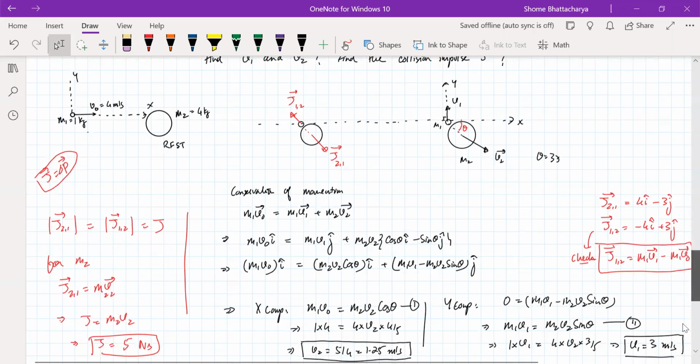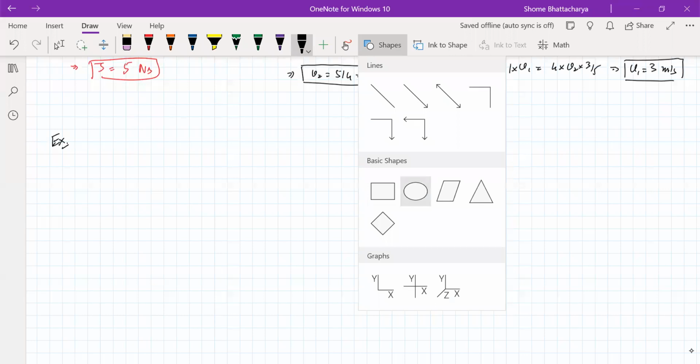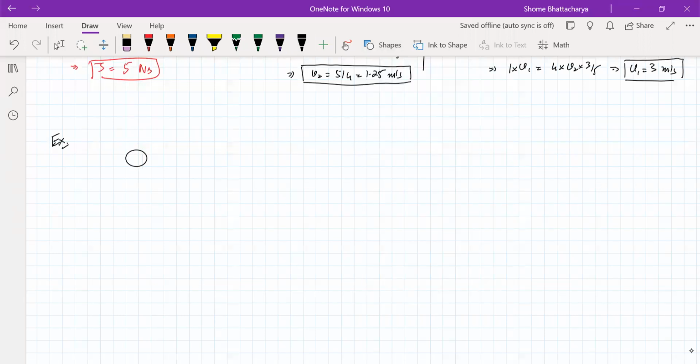Okay, let's look at another relatively simple question where only conservation of momentum is going to be implemented. Sir, can you show the above part for a minute?